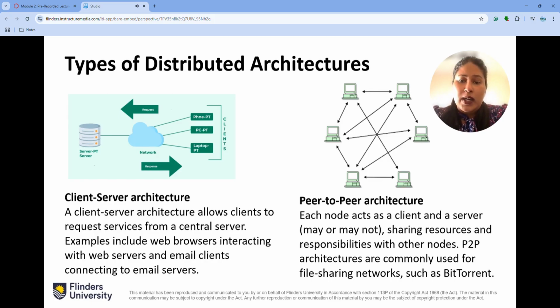P2P networks are more resilient and scalable, as there's no central point of failure, but they can be more complex to manage due to the distributed nature of the system. So both architectures have their own advantages. Client-server is more controlled and simpler for centralized management, while P2P offers flexibility and decentralization.